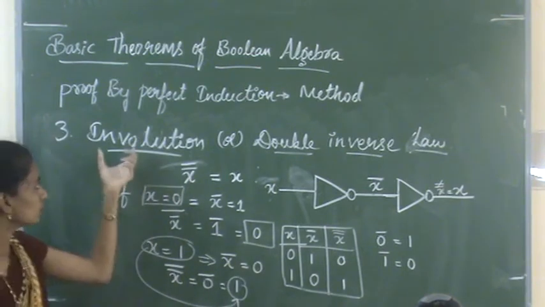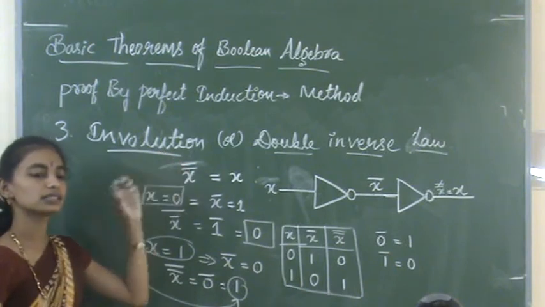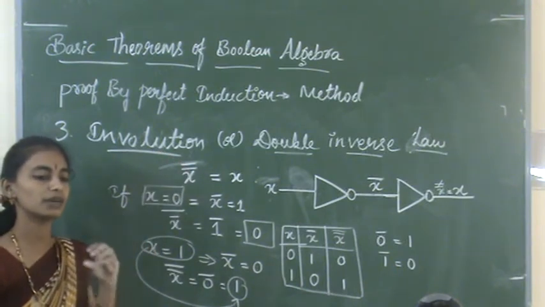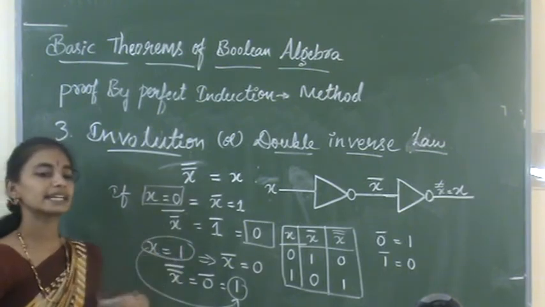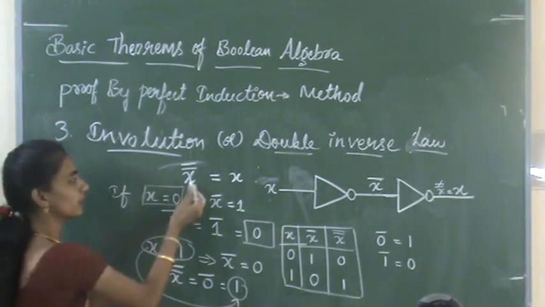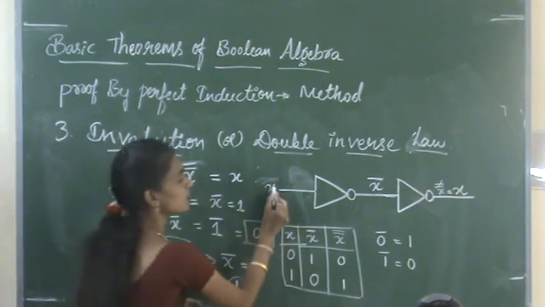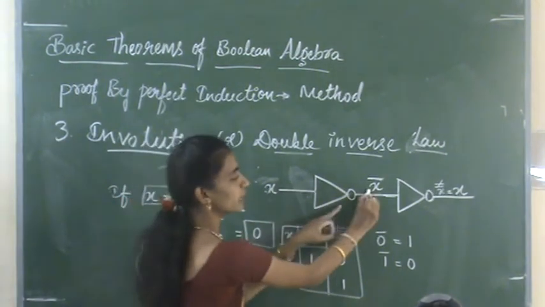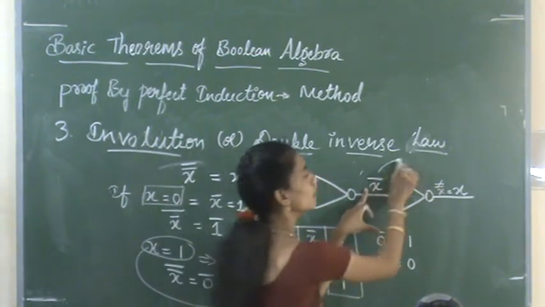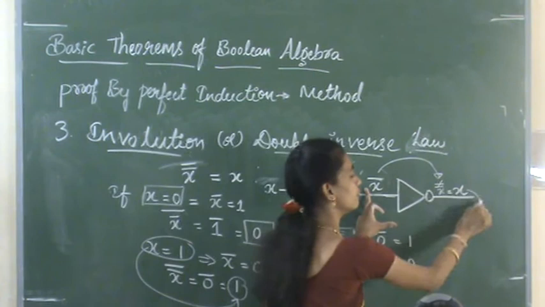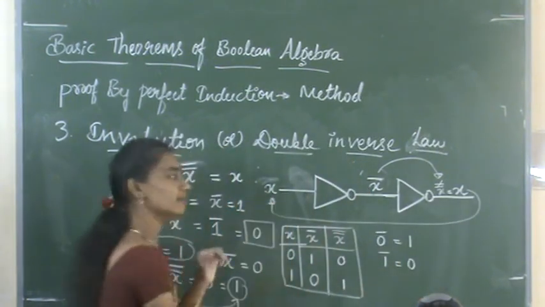This law states that a complemented variable, when complemented again, gives the same value. See, x is complemented once, right? This complemented variable will be complemented again, and we will get the same variable.